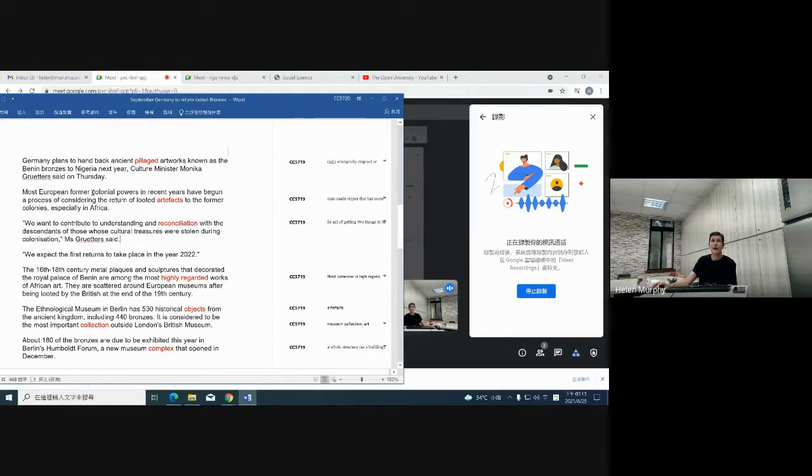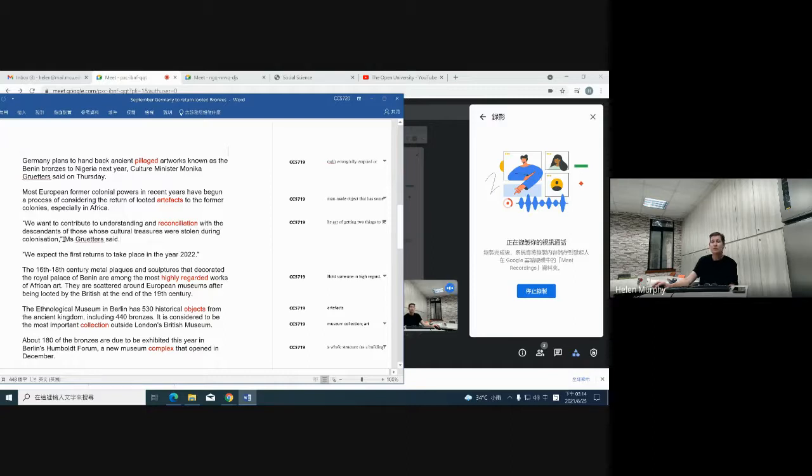So a colonial power means a country that used to govern another country. So for example, the UK was a colonial power because they colonized many African countries and countries all around the world, basically.